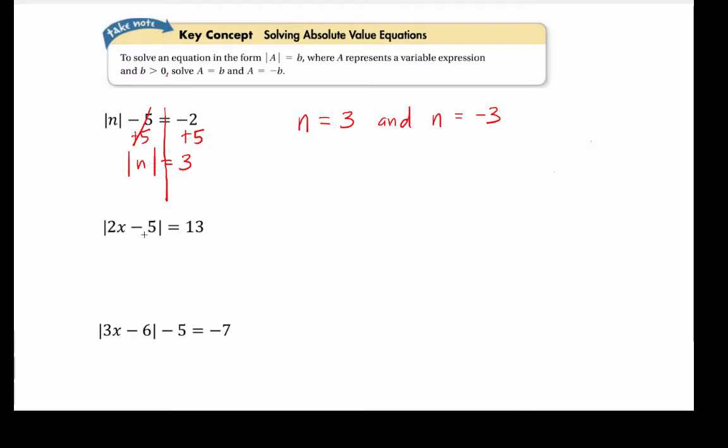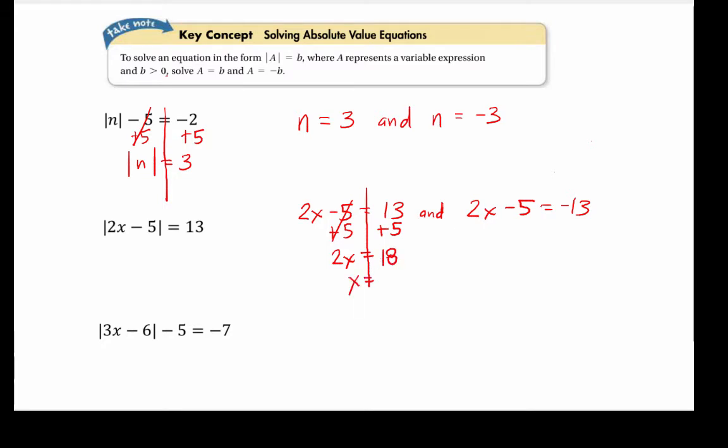In our second example here, the absolute value is already isolated. So from here we can go ahead and apply this rule up here. We'll take our expression 2x minus 5, set it equal to 13, and we will take our expression 2x minus 5 and set it equal to negative 13. Let's solve these equations. Add 5 to both sides. That gives us 2x equals 18.